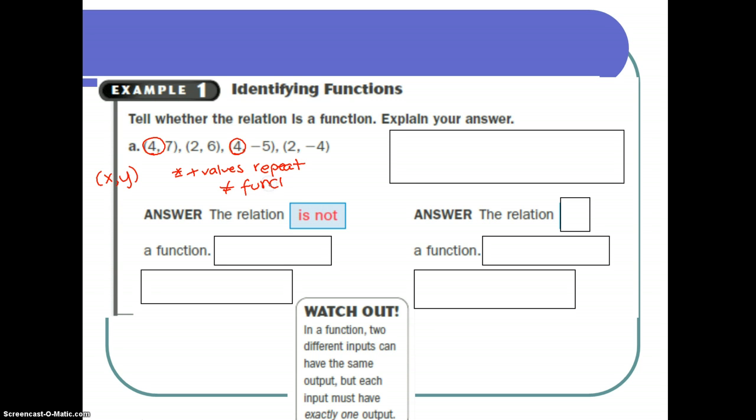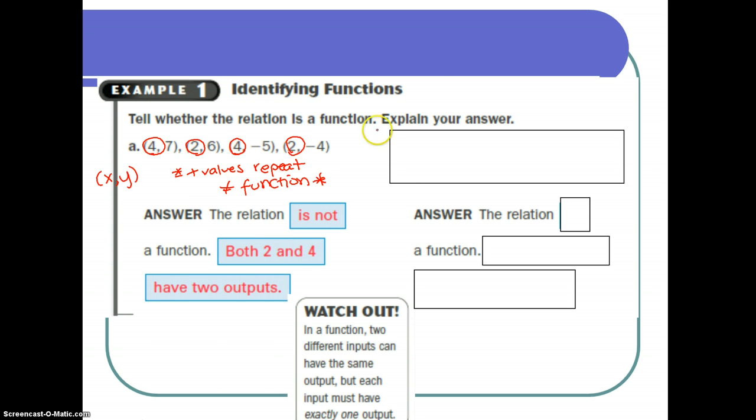If you get anything out of this section, you should get this. If the x values, not the y, repeat, it's not a function. Don't even care about the y's. You can see these x values repeat, so it's not a function. It has two outputs. 2 goes into 6 and -4, 4 goes into 7 and -5.